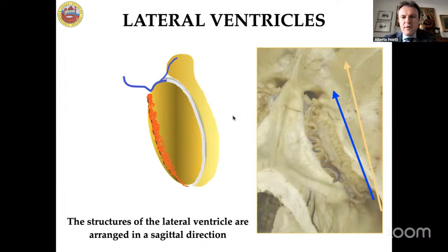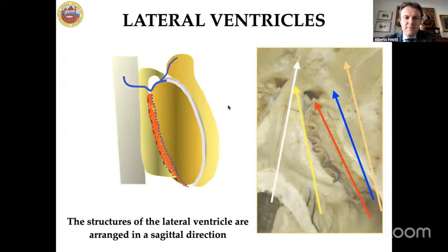If we move more medially, we can find the choroid plexus, which is also pointing towards the Monro foramen. And again, the vein of the choroid plexus and the tenia, which anchors the choroid plexus to the floor of the lateral ventricle. Moving more medially, we can find the fornix, the body of the fornix, and then the columns of the fornix, which are forming the Monro foramen.